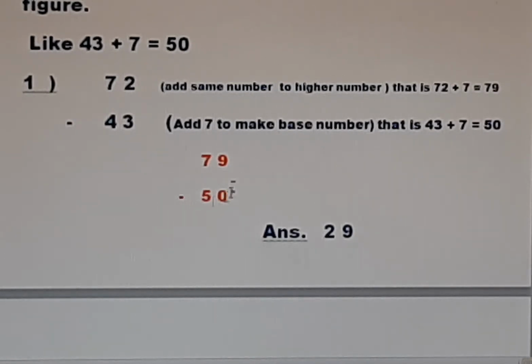With a 0 figure you can subtract very easily, because the ones digit is 9, so 9 stays the same, and 7 minus 5 is 2. So 29 is your answer. The answer of this sum is 29, so make it easy, we go on this line, right?